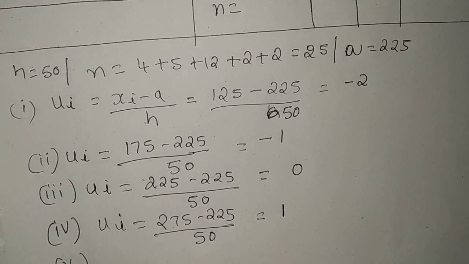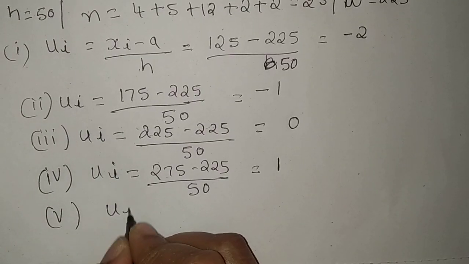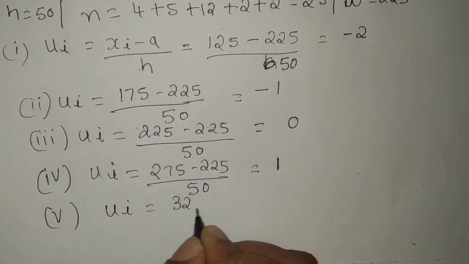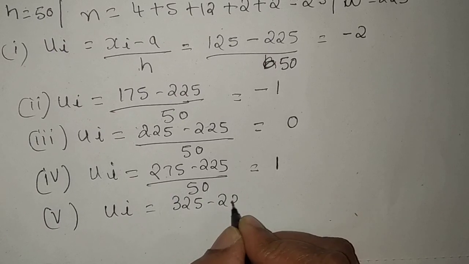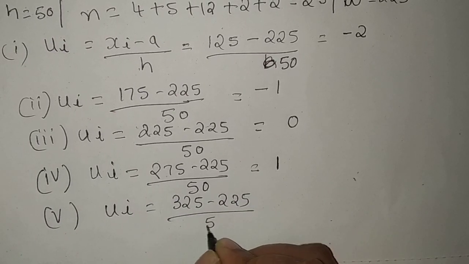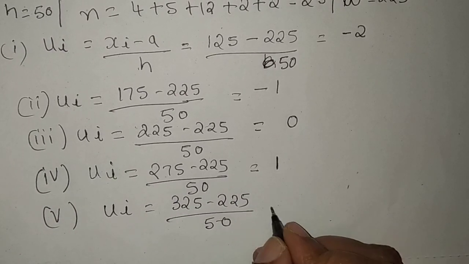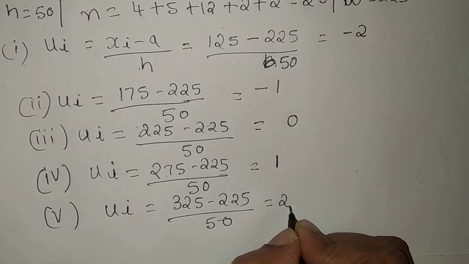Similarly, the last set of values, ui is equal to 325 minus 225 by 50, which is equal to 2.